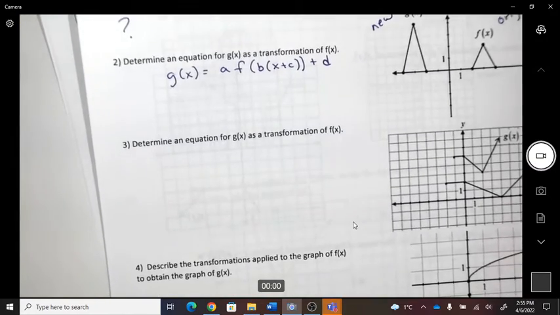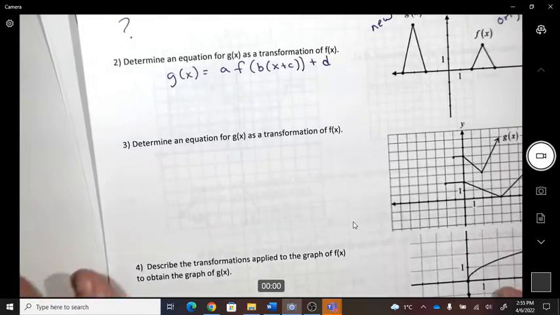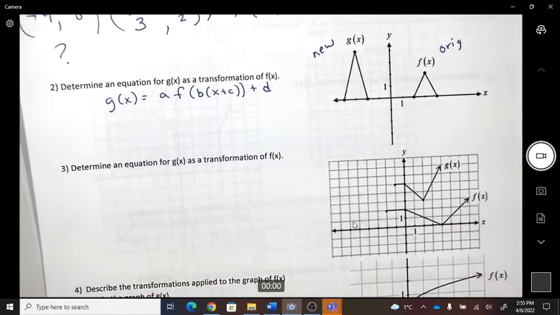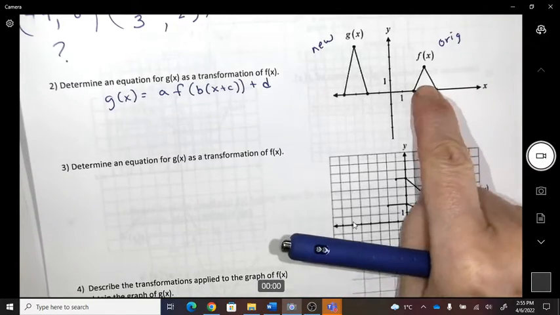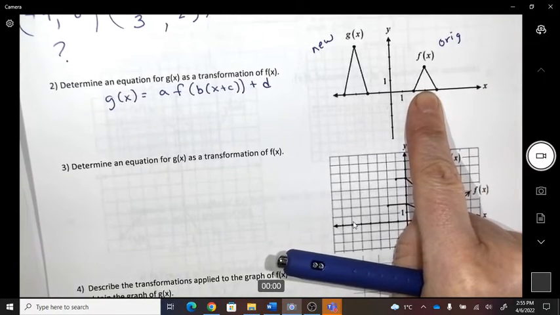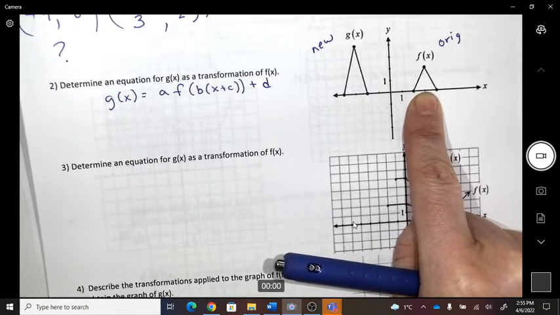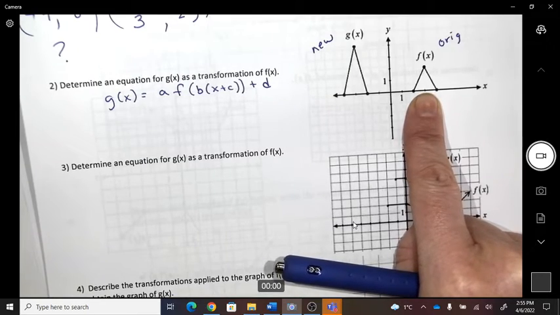Okay, remember we're going to have to look and think, what do I see? And when you're looking, you have to look for reflections and shifts, reflections, stretches, compressions before shifts. Okay, look at your f. What's your first instinct that happened? So think anything with a reflection, anything with a stretch, anything that got compressed.